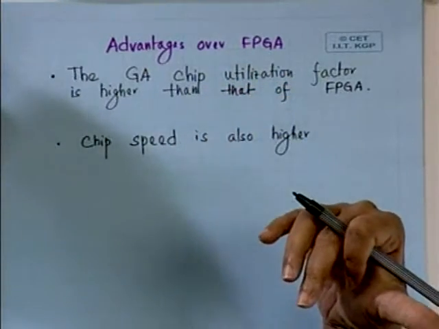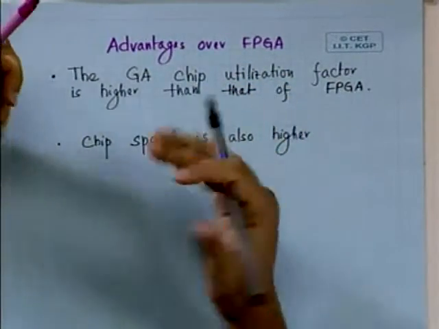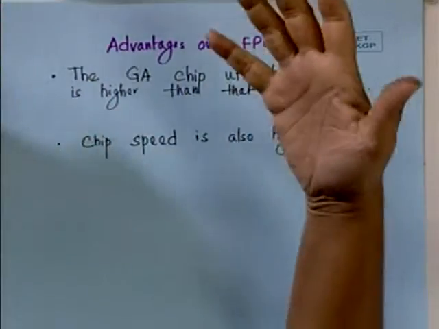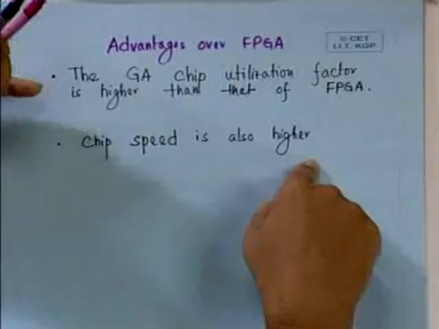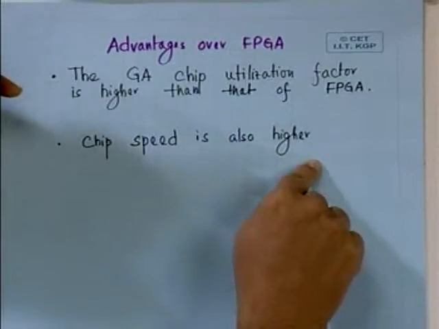There the CLBs are truth tables, and we know that if we want to access some memory, that is always slow. So, lookup tables: if we give that input, then what will be the output is accessed from some memory, because the main elements were those RAMs. Here the main element is the transistor or some cells consisting of a few transistors. So that is why the speed is higher.